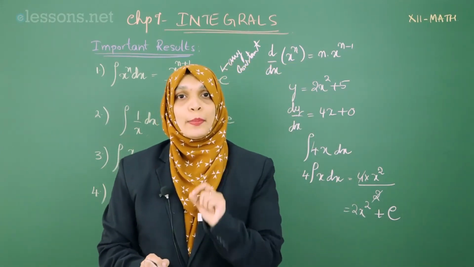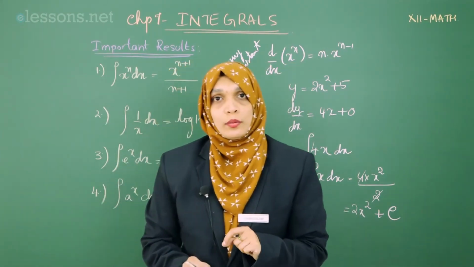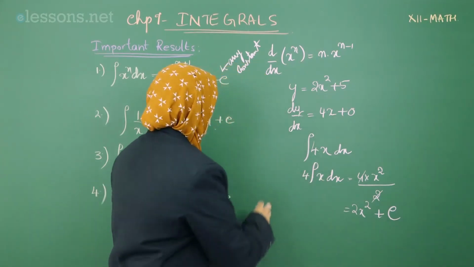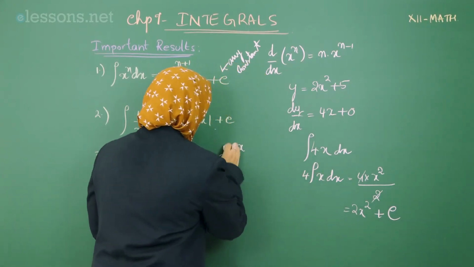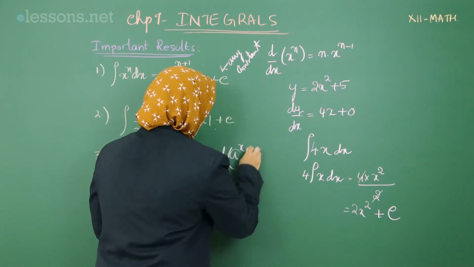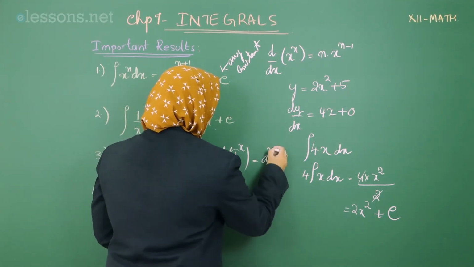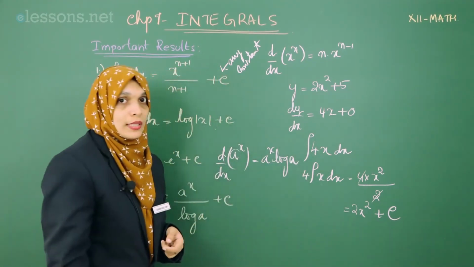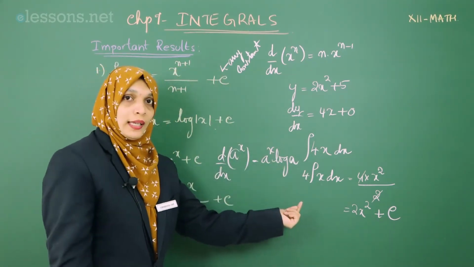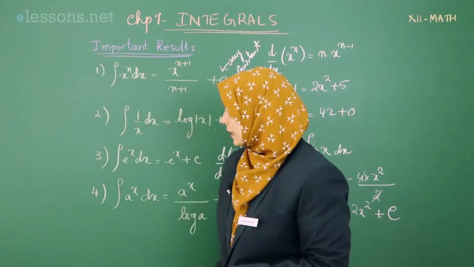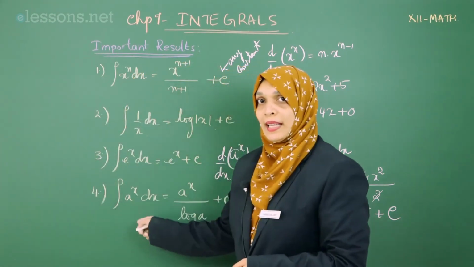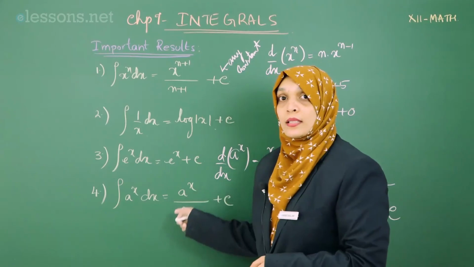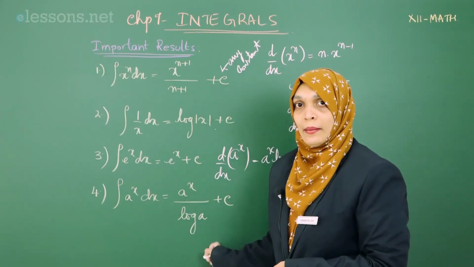The differentiation d by dx of a power x is a power x log a. And in integration, the integral of a power x dx is a power x divided by log a plus c.